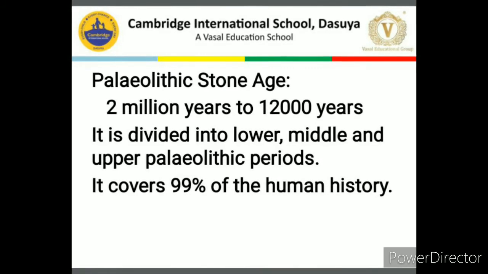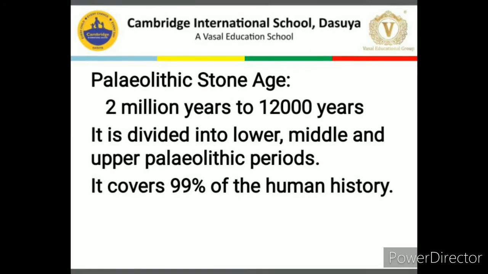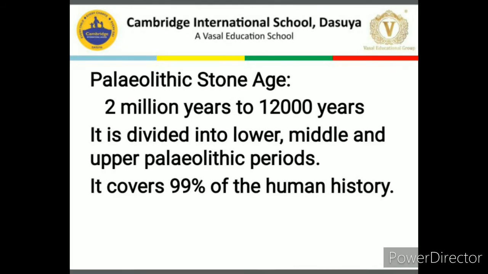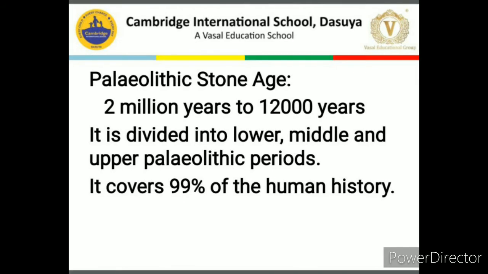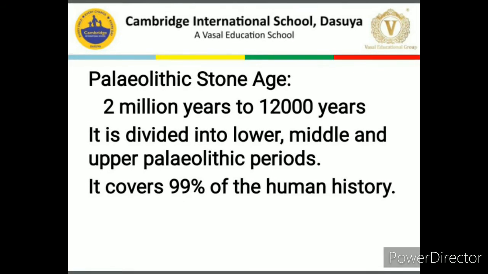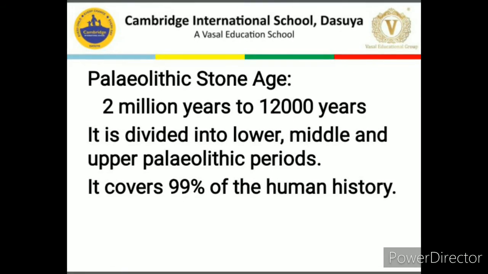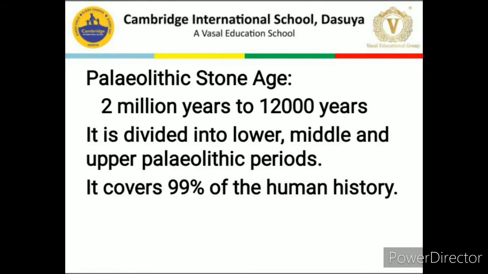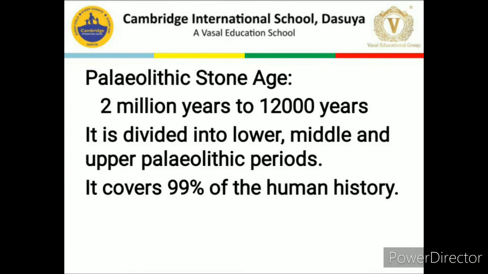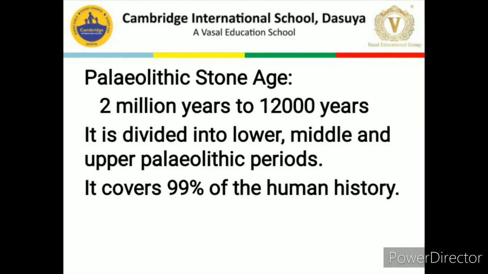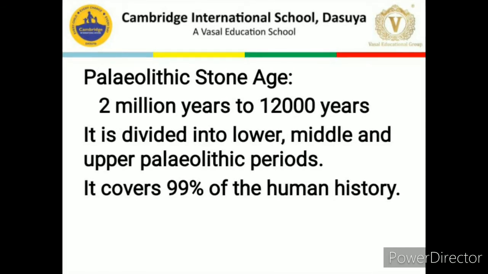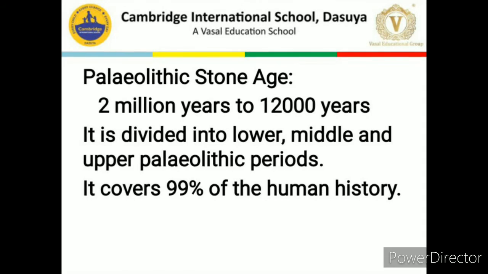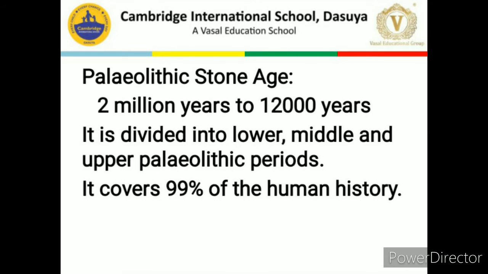So the first age is the Paleolithic Stone Age. As the name suggests, Paleolithic: paleo means old, lithic means stone. So we can call this Stone Age the Old Stone Age. It started from 2 million years ago till 12,000 years ago.